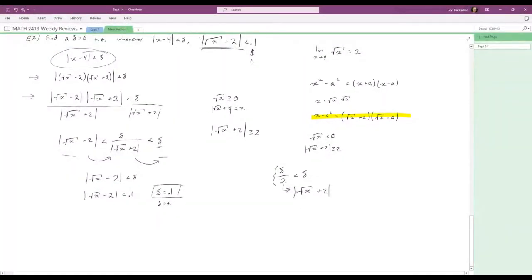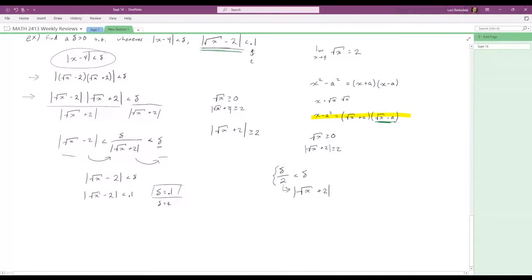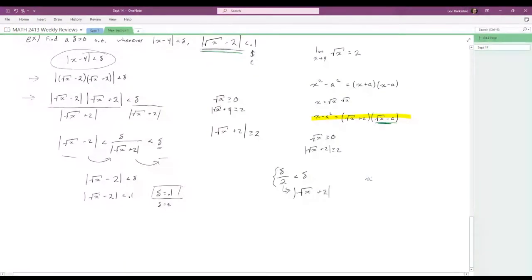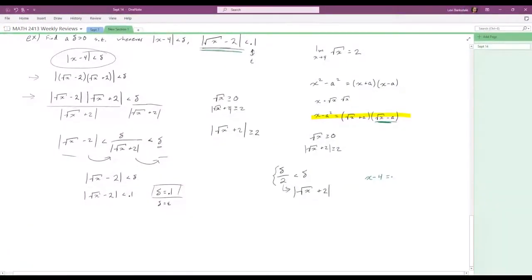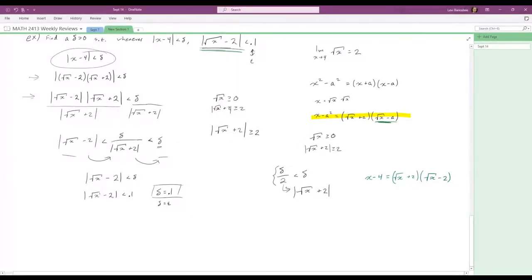I was looking for the square root of x minus 2, so I tried to get this portion of my factored part. So it's not multiplying by the conjugate, I really just factored x minus 4 into the square root of x plus 2 and the square root of x minus 2. Does that make sense? Yeah, don't worry about it.